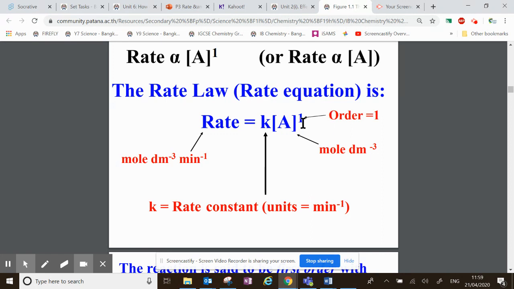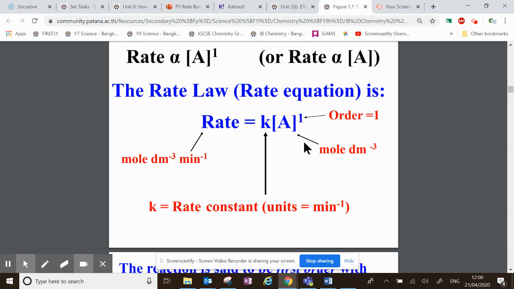Now, this number here, you're possibly wondering, where does that number 1 crop up from? To be honest, you could leave that number out. It doesn't mean anything here because A to the power of 1 is equal to A. The value for the concentration of A to the power of 1 is just equal to the concentration of A. So you could just omit it when you're writing this expression.